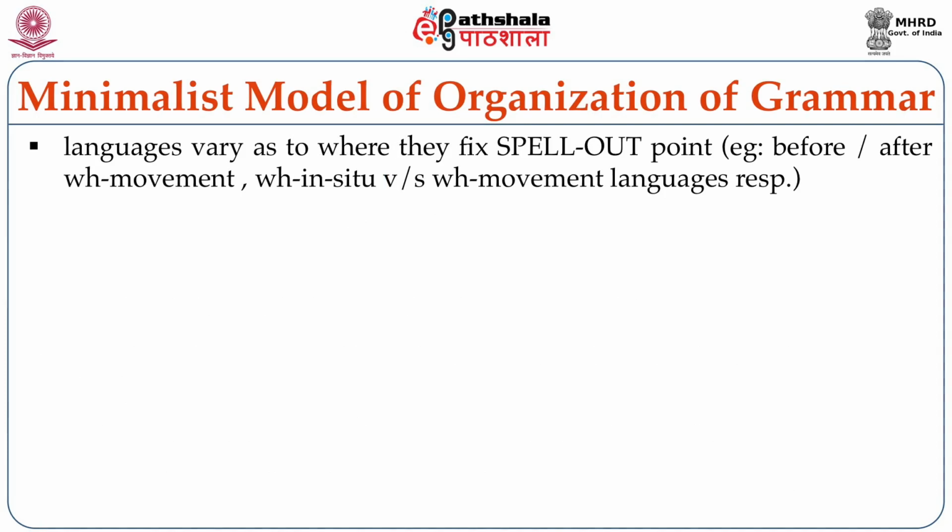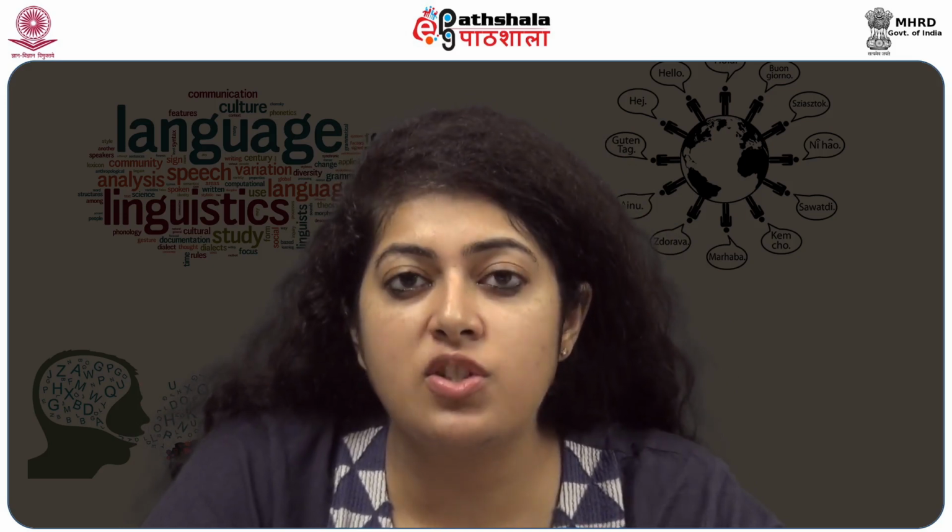So languages vary as to where they fix the spell out point. It could be before or after for WH movement, and respectively these are WH movement languages versus WH in situ languages. Languages in which WH movement happens before spell out are languages like English, where we see WH movement happening overtly, versus languages in which WH movement happens after spell out.